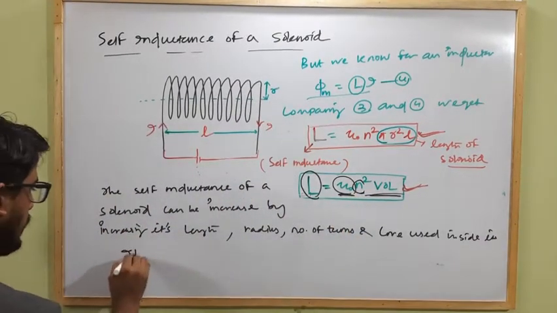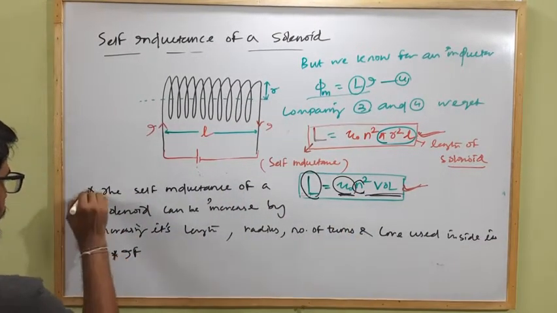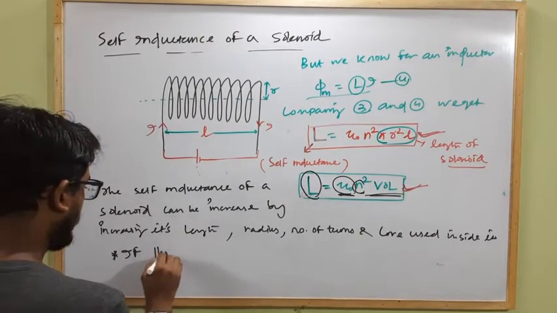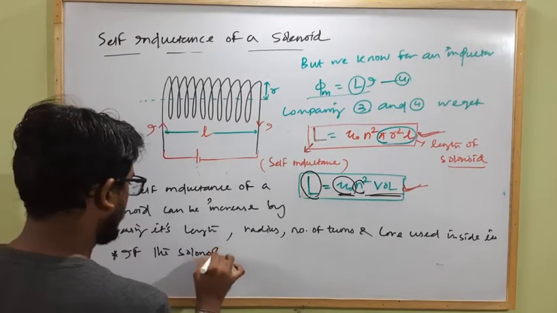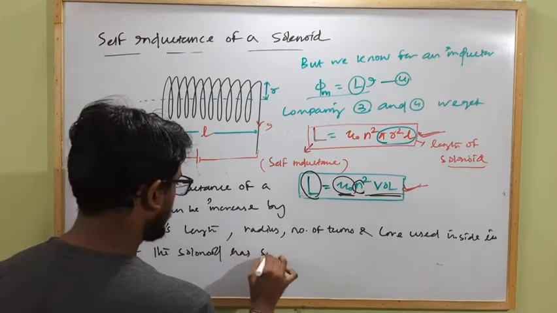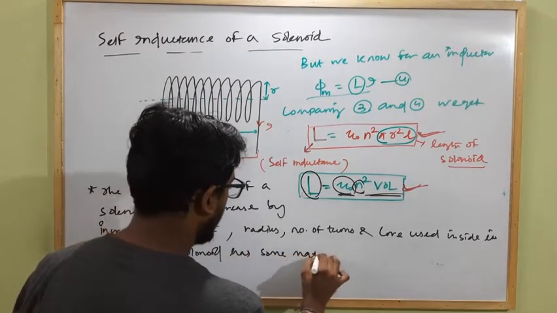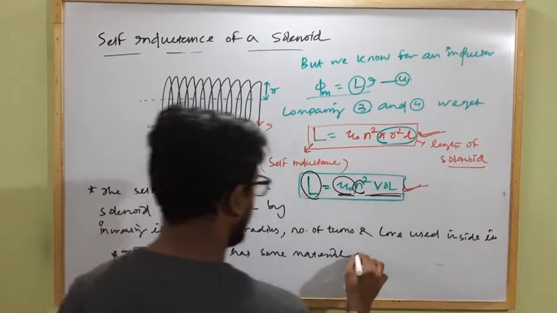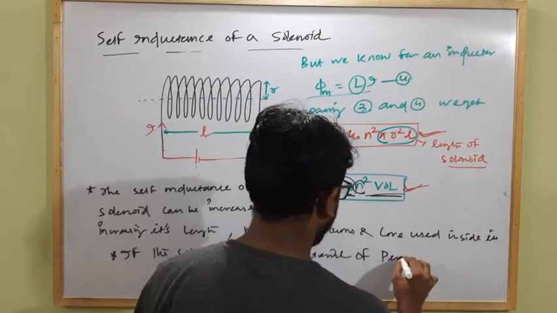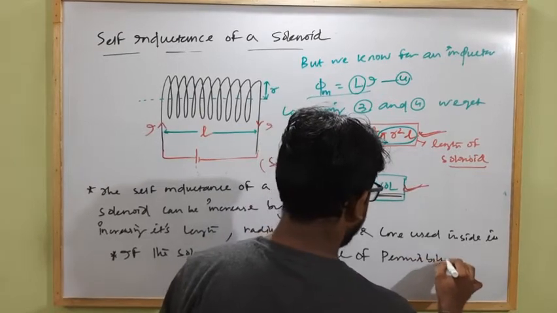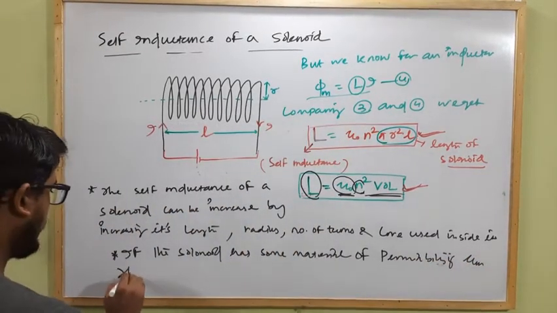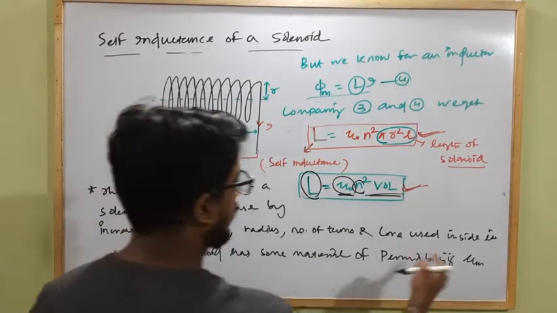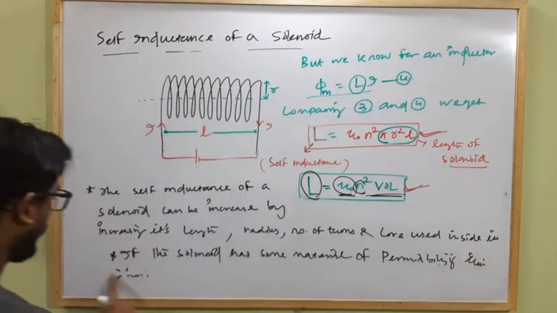So if the solenoid has some material of permeability mu m as core.